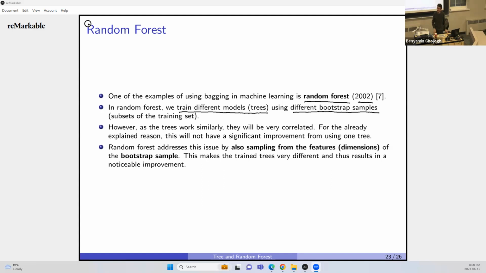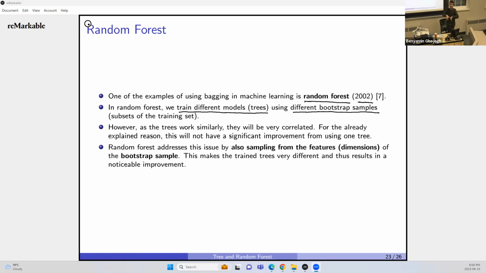And why is it random? I will tell you. Because it randomly selects the samples. Also, it randomly selects the features for the trees. The randomly selected samples are because of having different bootstraps, as we talked about. But why does it randomly select the features? Exactly, because it wants the models to be uncorrelated, or very different from each other, so the variance of estimation becomes lower.